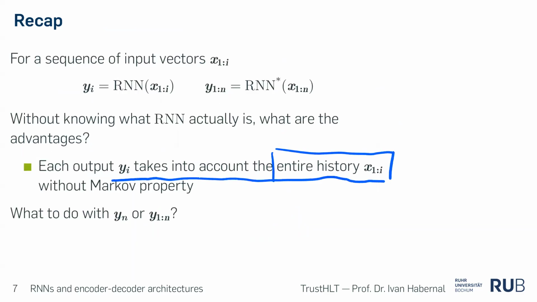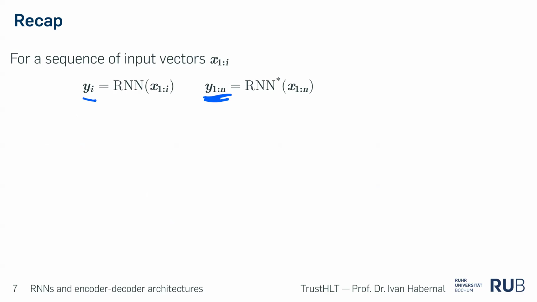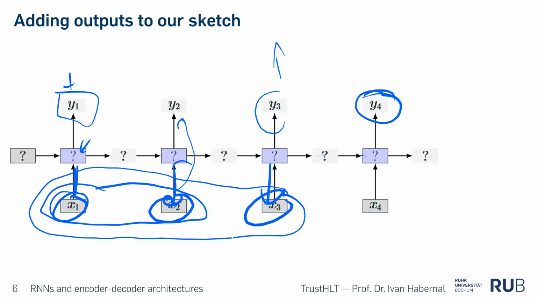Okay, so this is the output. This is good. So what can we do with these outputs at each stage here? What could these be good for? Think about it. You have a sequence of tokens which comes in, and for each of these tokens, you can output some vector. You can predict some vector.